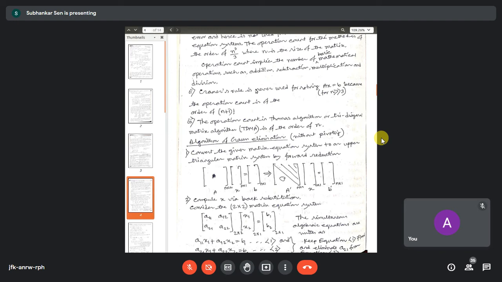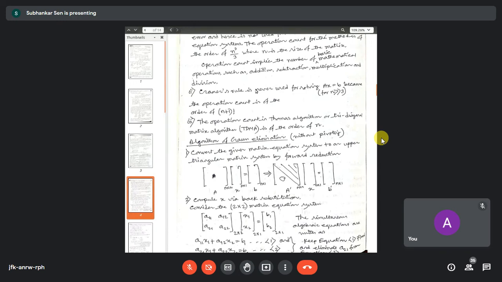Okay, so generally in fluid dynamics problems we don't go for pivoting. By pivoting we mean that our diagonal term will be the largest term in magnitude in one particular equation. In one particular equation there are n terms. If you have an n by n matrix, you have n coefficients.